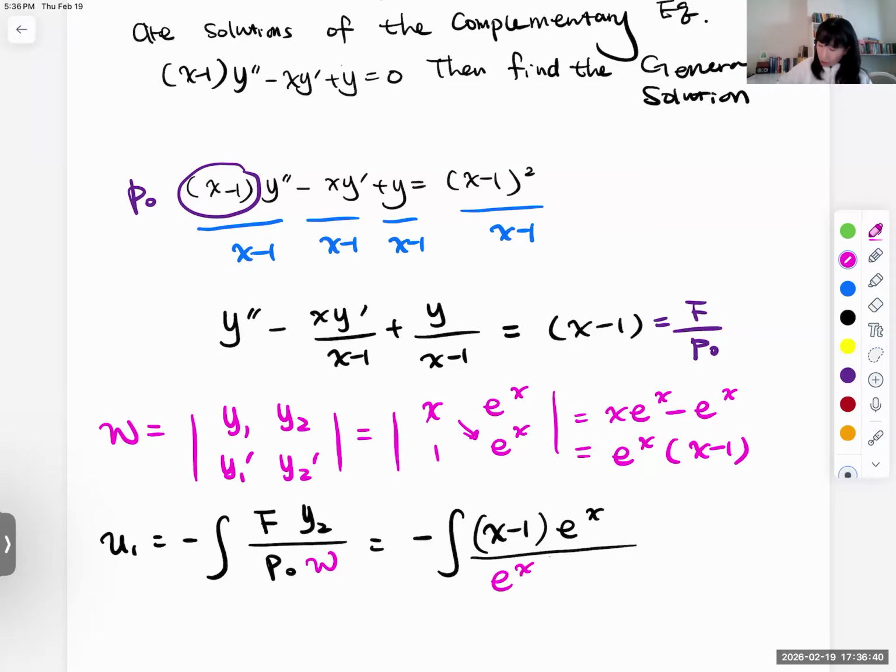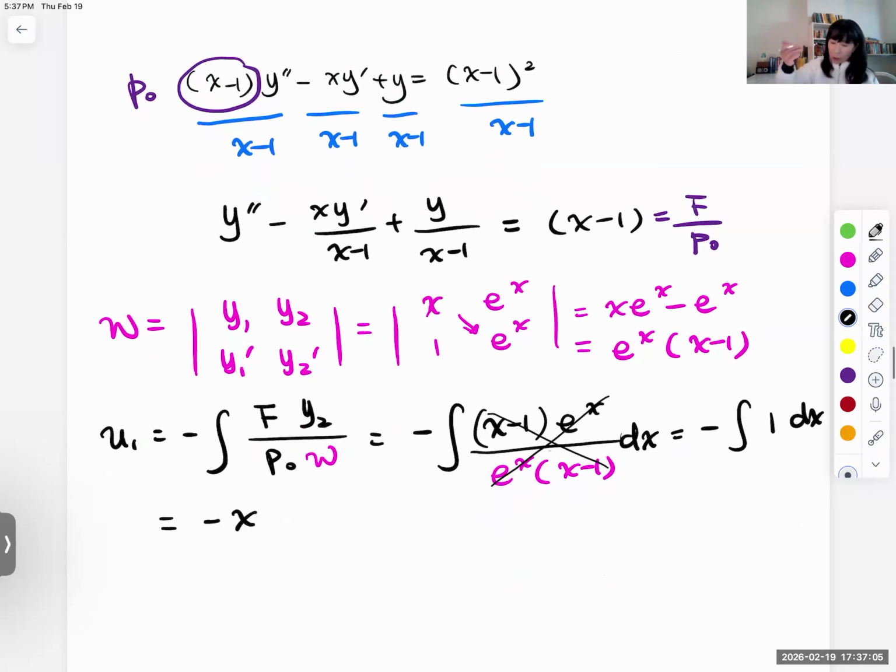So we simplify everything, it's 1, right? So we will get negative 1 dx. Then what do you get? We get negative x. Very good, right?